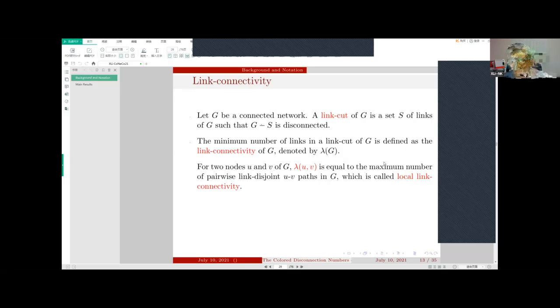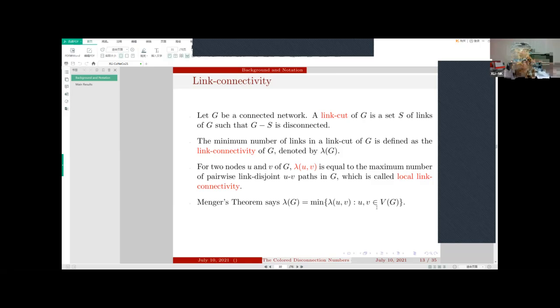There is also the local link connectivity: for a pair of nodes, it is the maximum number of paths between them. This number is called the local link connectivity.